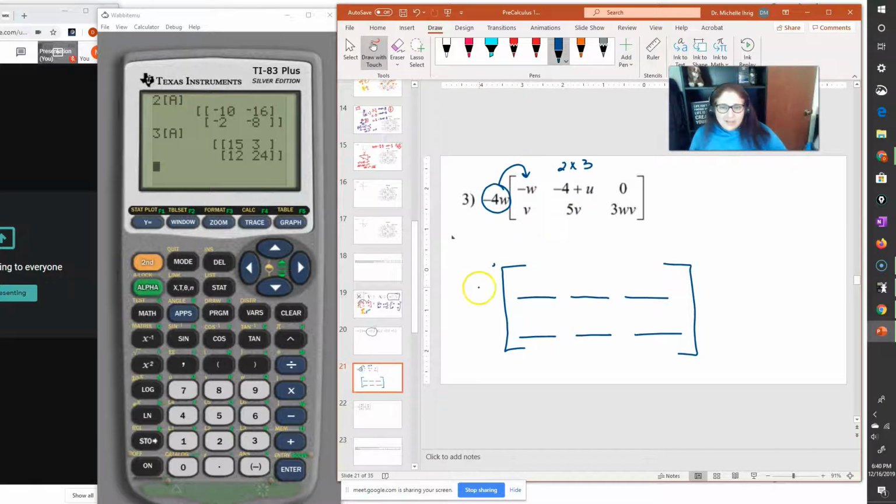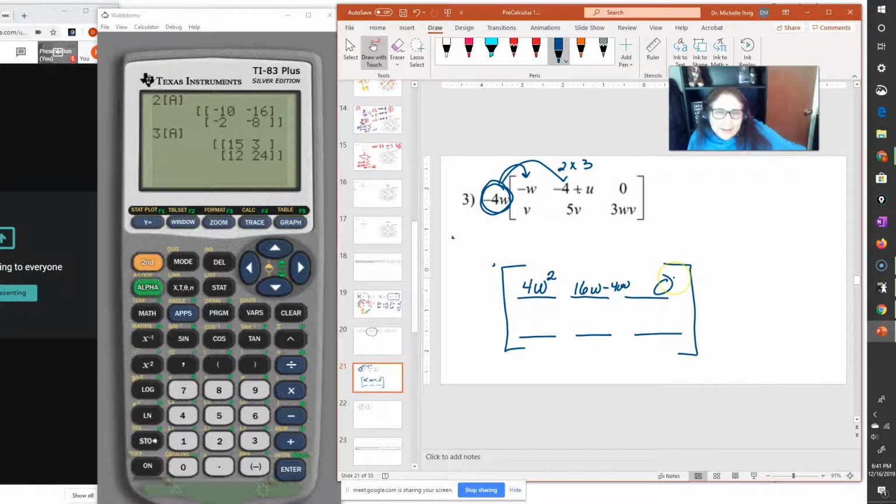A negative times a negative is positive, so I'm left with +4. W times W is W squared. Then I do it again. -4W times -4. Negative times negative is positive, 16. And then I have the W. And then -4W plus U is just going to be -4UW. That's all for that whole line.